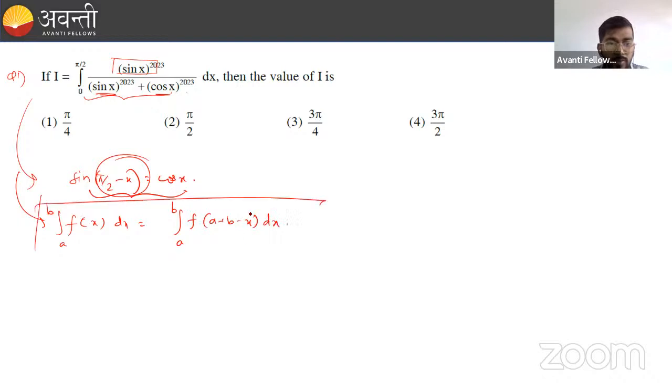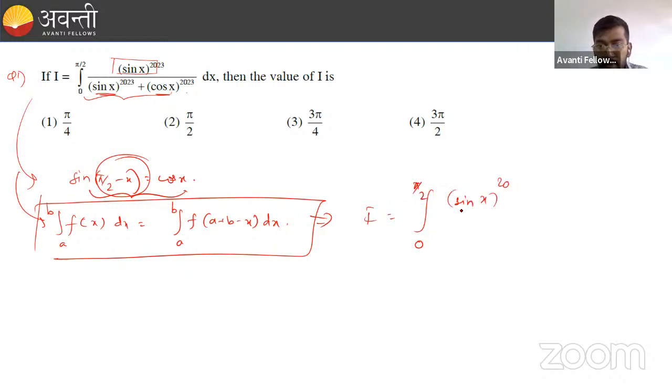So we will be using this property, and after using this property in this question, this I is written as integration 0 to pi by 2 of sin x to the power 2023 upon sin x to the power 2023 plus cos x to the power 2023 dx. So here we will be applying this property.